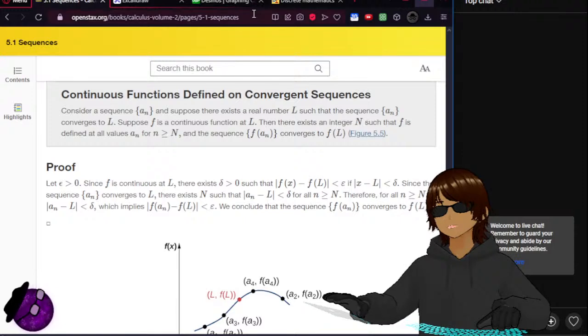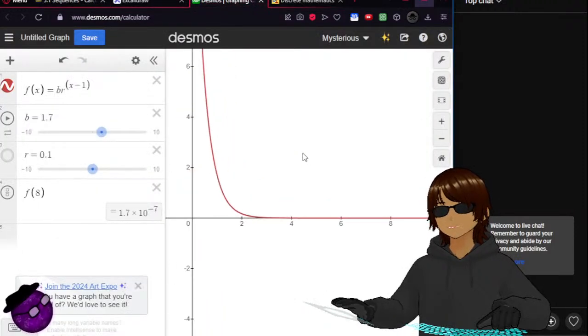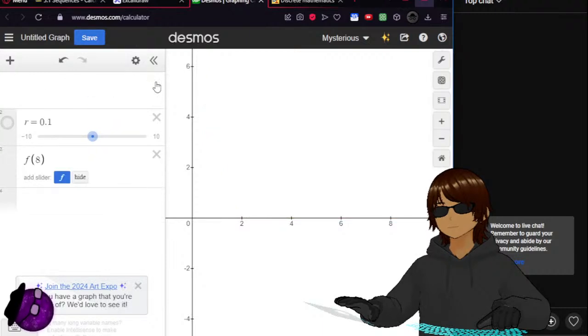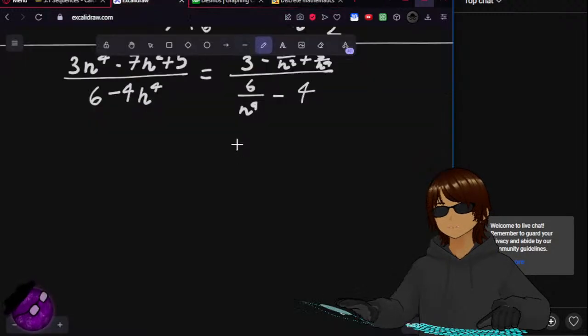I think that capital N part confuses me. What they're basically saying is, suppose you had, for a particular sequence, points. I'll make it right here.